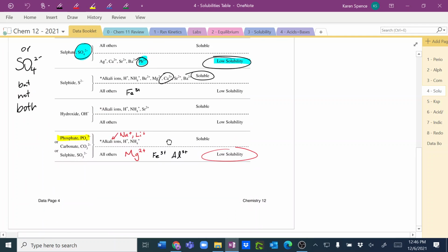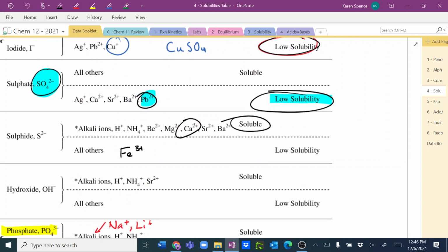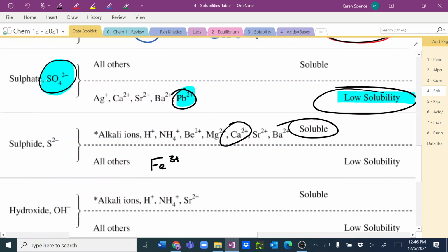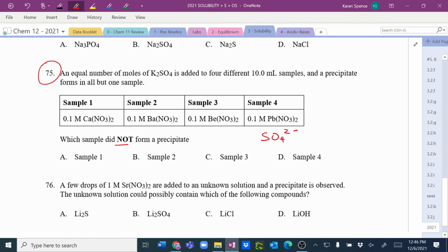So I'm going to go back here and calcium, strontium, and barium will precipitate with SO4 2-. So let's see what my choices were. Well, that's a bad question too, isn't it?